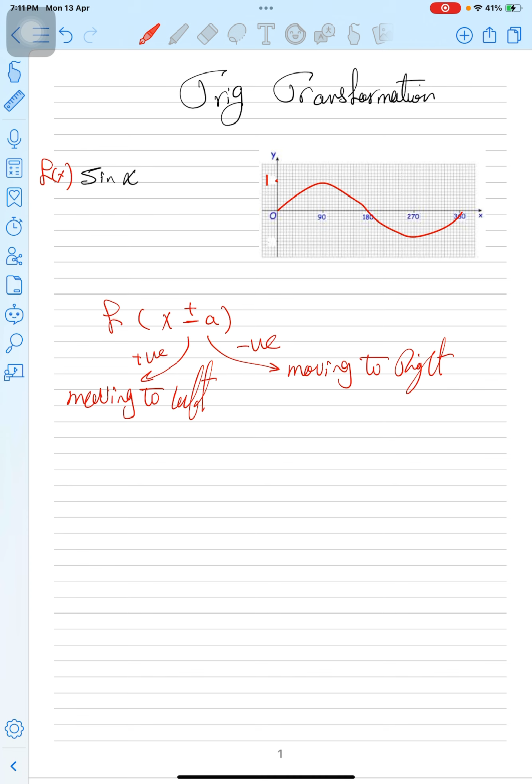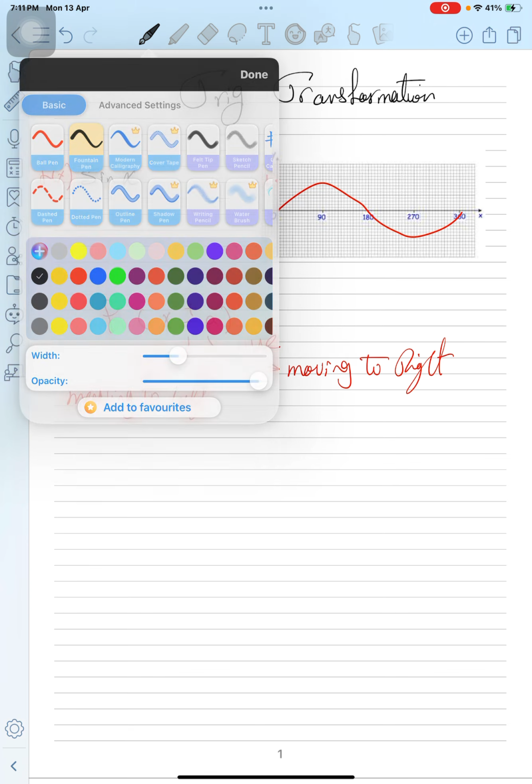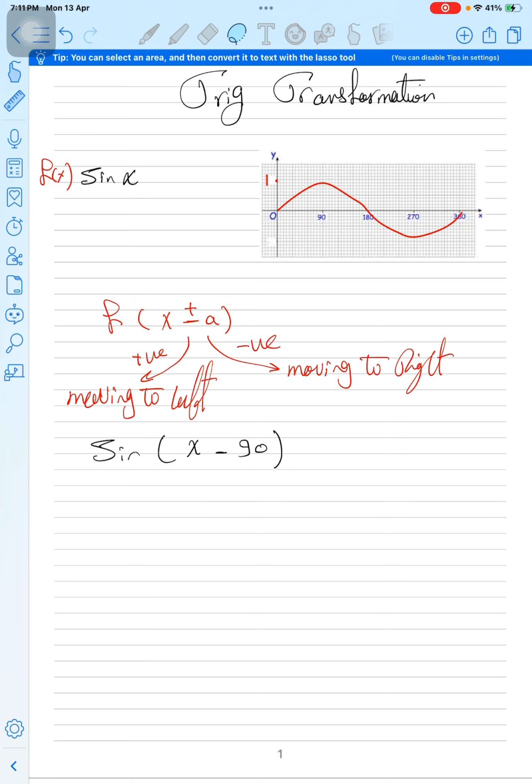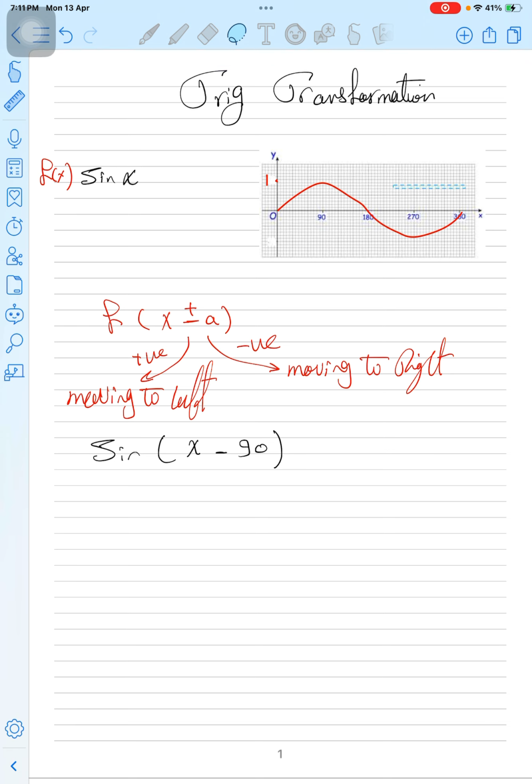As an example, let's talk about this example. If I said sine of x minus 90. So in this case I will assume that I have this line here.